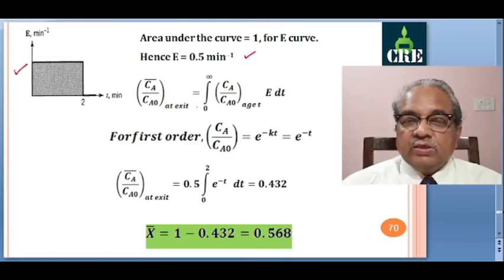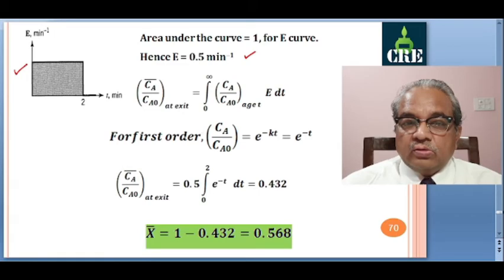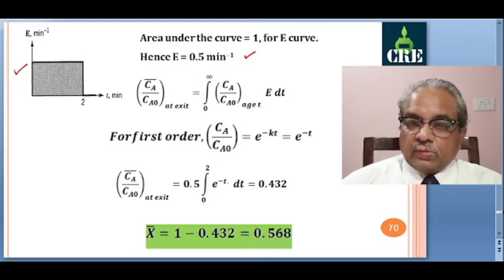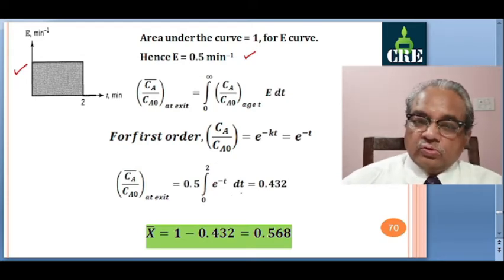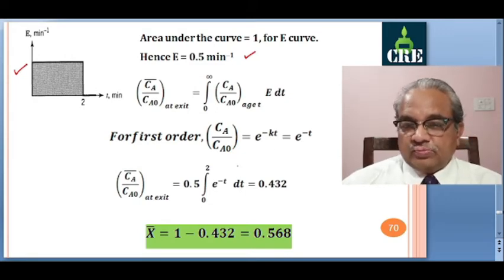Ca bar by Ca0 at exit is the integral from 0 to infinity of Ca by Ca0 of all ages times E dt. For first order, Ca by Ca0 is e raised to minus kt, and k is 1, so e raised to minus t. So I know Ca by Ca0 in this form, substituted here.